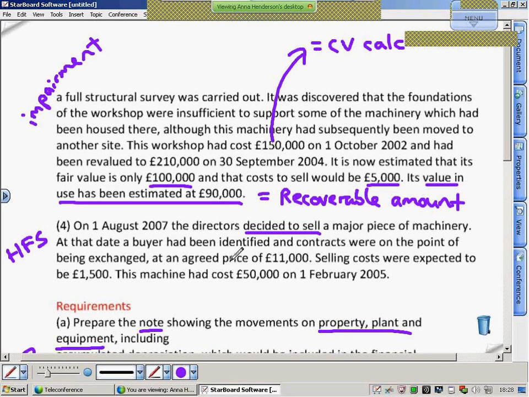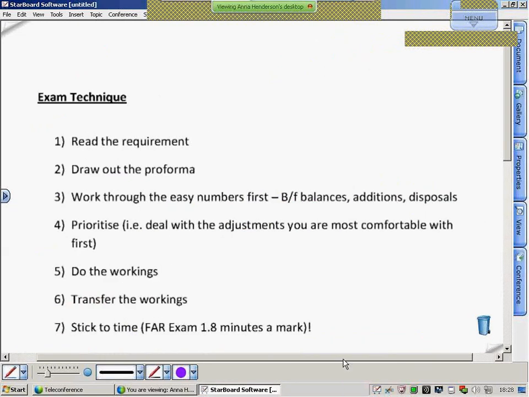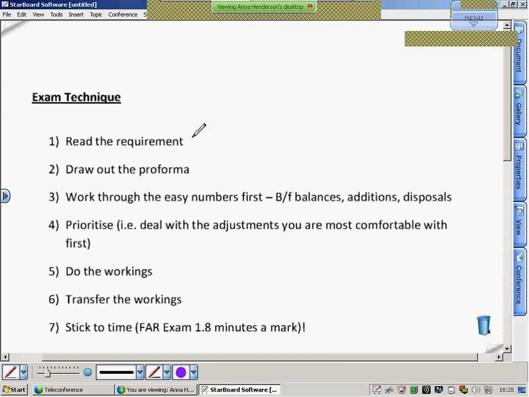What I want to do now we've done this is think about the approach. So in the question, breaking it down in this way and thinking about what I've got in each paragraph and what kind of technical issues the examiner is throwing at me, and applying exam technique really nicely. So as I mentioned, you've got to read the requirement first.